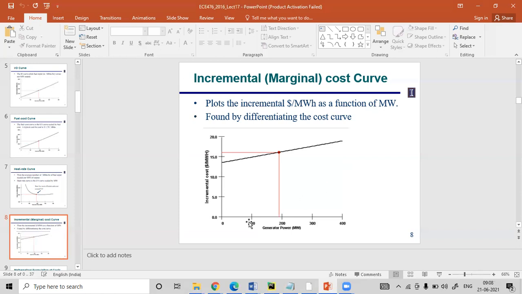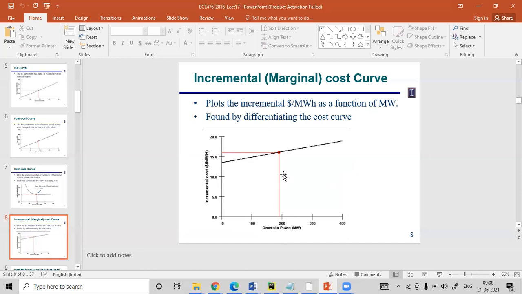You can see here, generator output is 0 up to 13 or 14 dollars per megawatt hour, means up to this much cost. This is the initial cost. Up to this cost, there is no output.